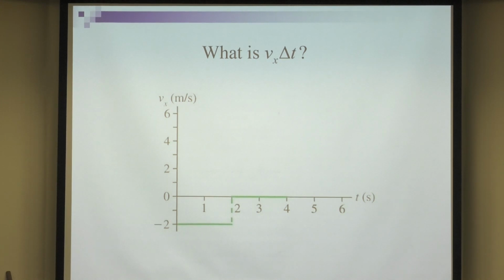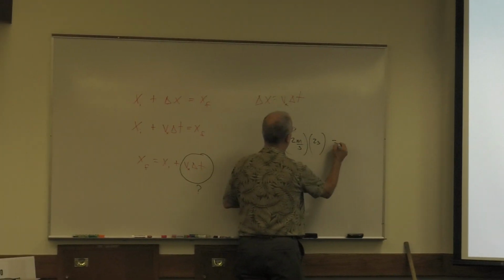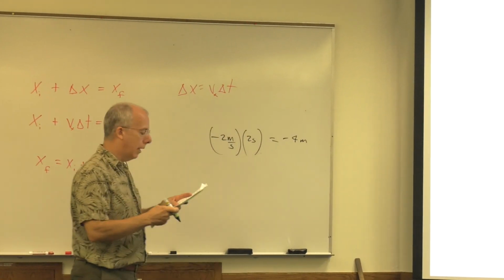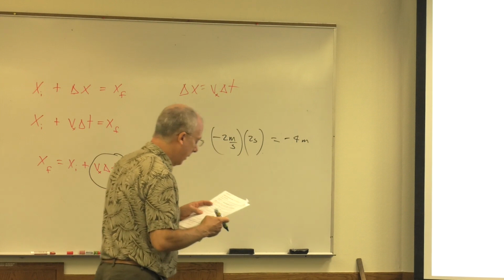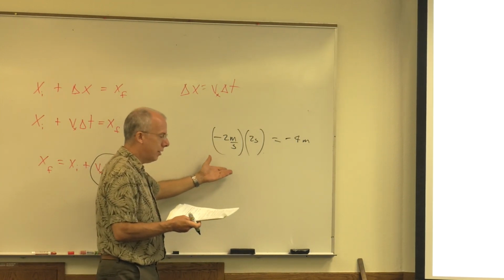For this graph, v is minus 2 meters per second and the time is 2 seconds. So the seconds cancel and I get minus 4 meters. What does that mean? It means that the object changed its position.